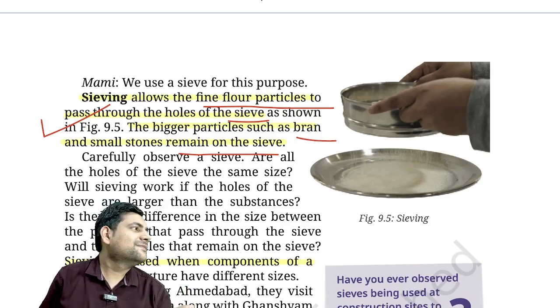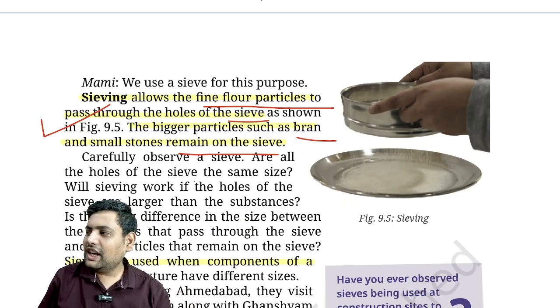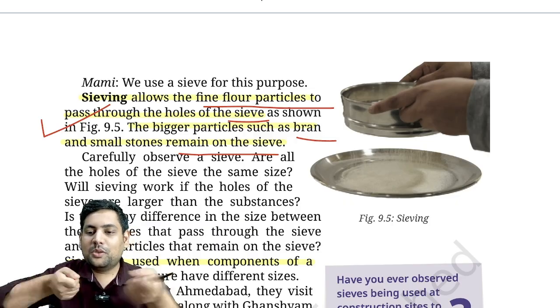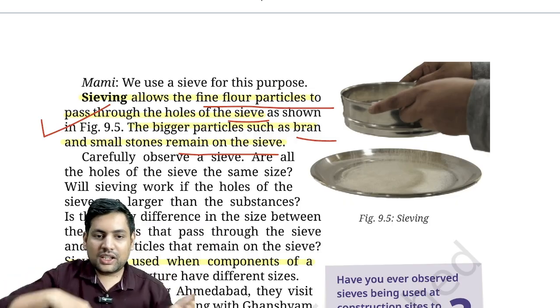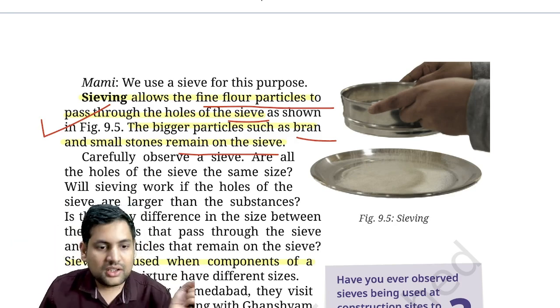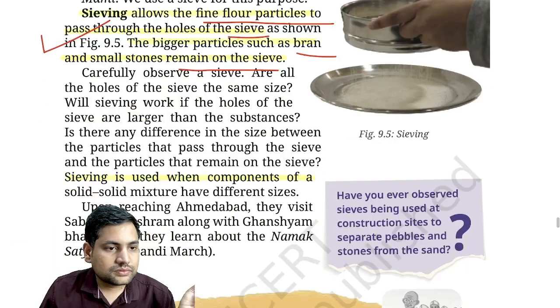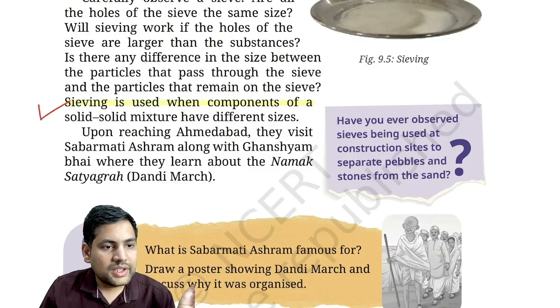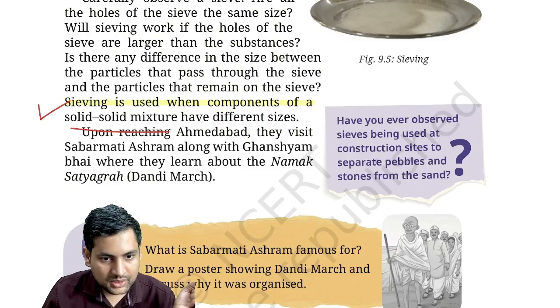You use this while preparing any kind of atta, or when you want to make roti. You first sieve it so that the heavy particles remain in the sieve. So sieving is used to separate solid mixtures.